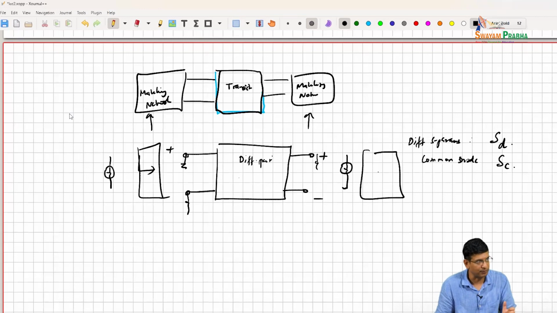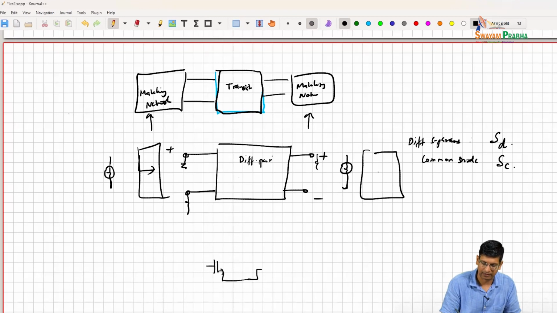As an example, let's say I have a network where I have an amplifier, and I have these two inductors. Differentially that's AC ground. But in common mode, let's say I introduce a resistor over here.